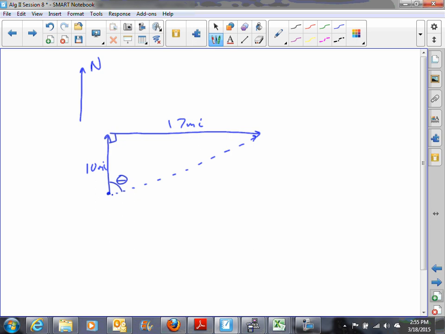Okay, well now notice again, we've got an angle, and we've got the opposite side, and we've got the adjacent side. So the function that defines the situation is the tan of theta is equal to 17 over 10. So that means that theta is the tan inverse of 17 over 10.